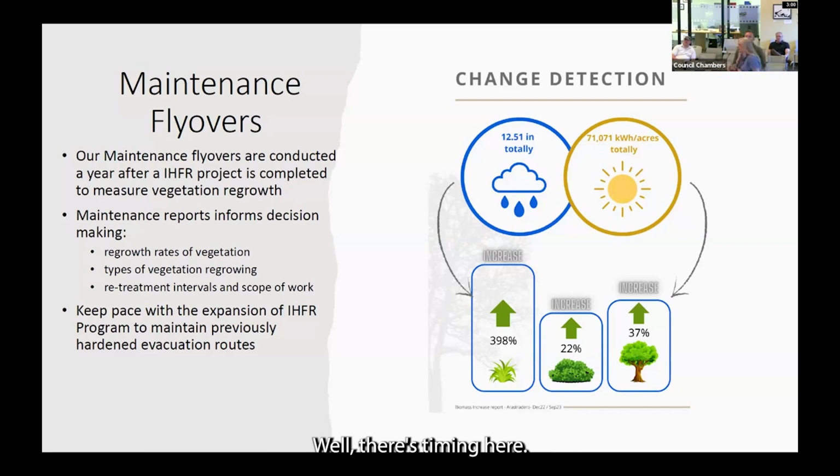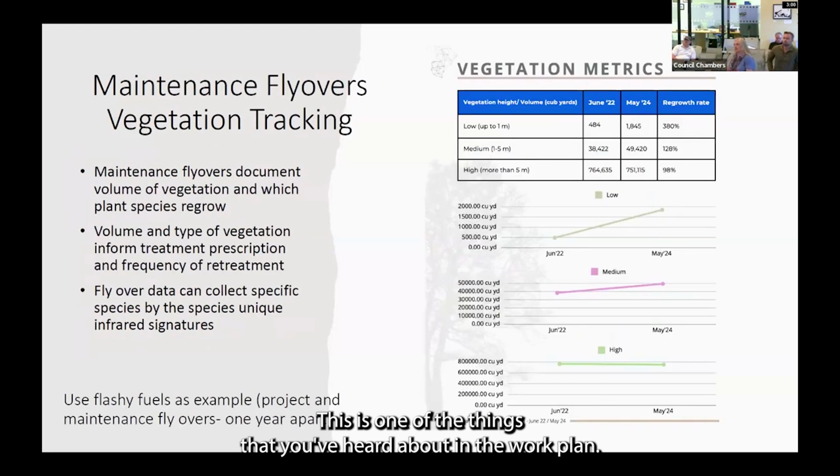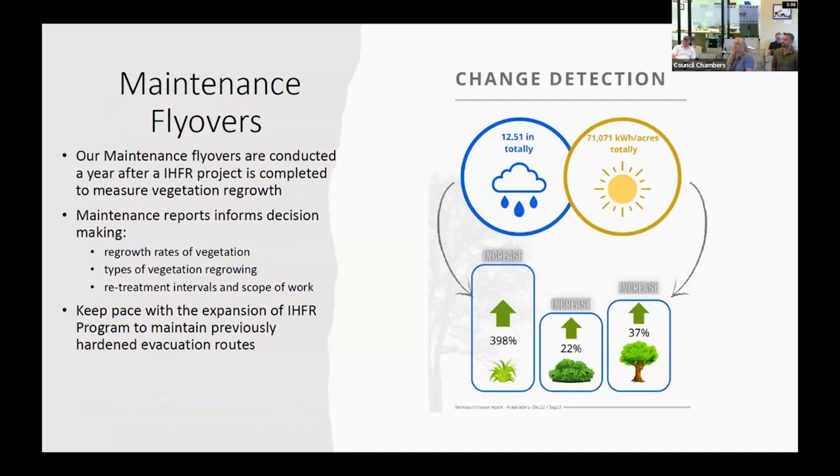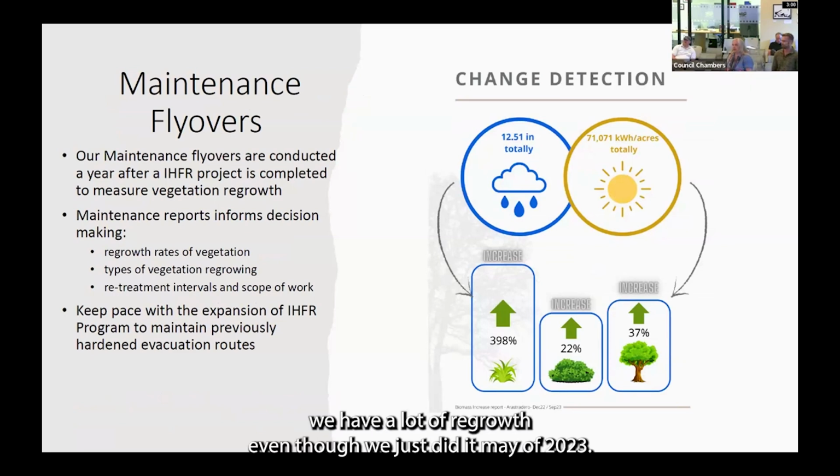I'll just chime in here. This is one of the things that you've heard about in the work plan. Can we go back again, Court? Yeah, it's okay. Sorry. In the work plan where we talk about using the best practices of a 2-year maintenance cycle, but we may need to adjust based on wet years. So we discovered here, especially for Page Mill, we have a lot of regrowth, even though we just did it May of 2023.